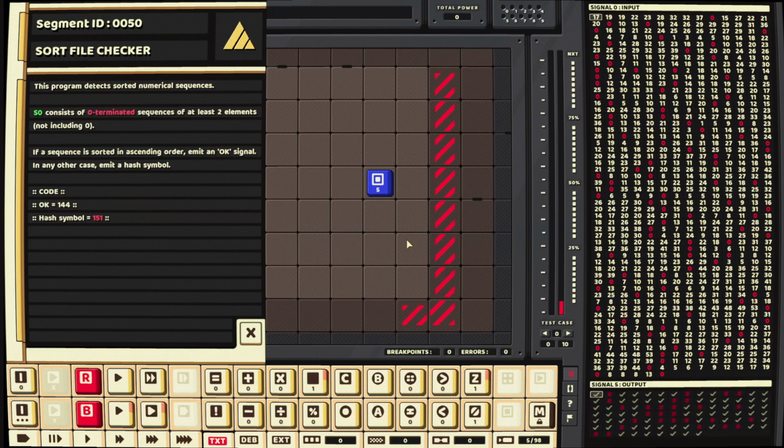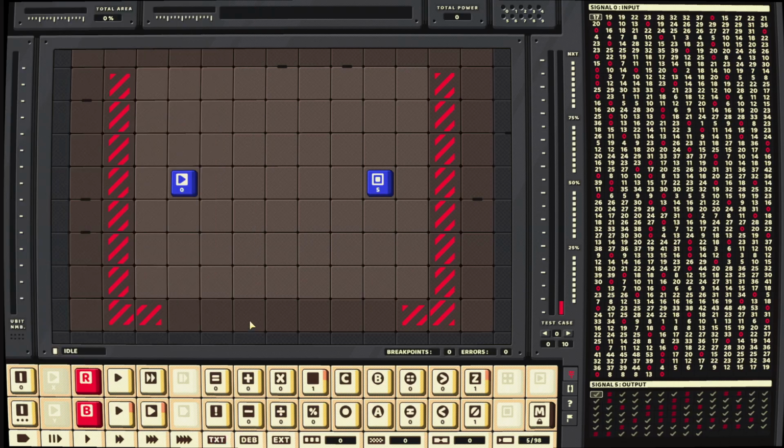How fast could we do this? It seems a little difficult. Ideally, it would be nice to do it with 1 bit per tick.